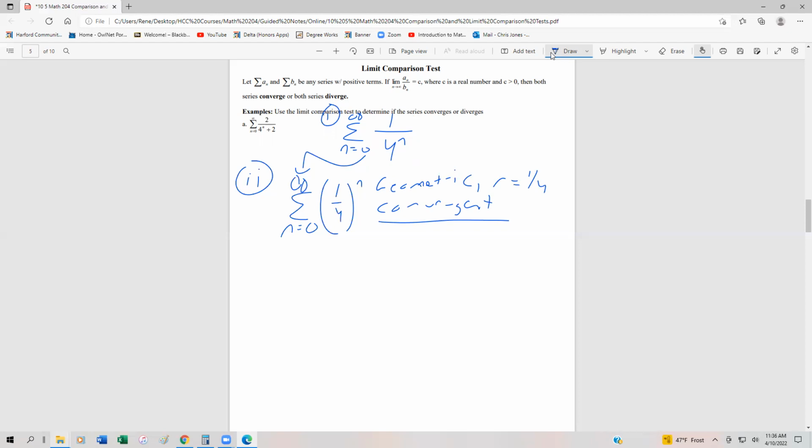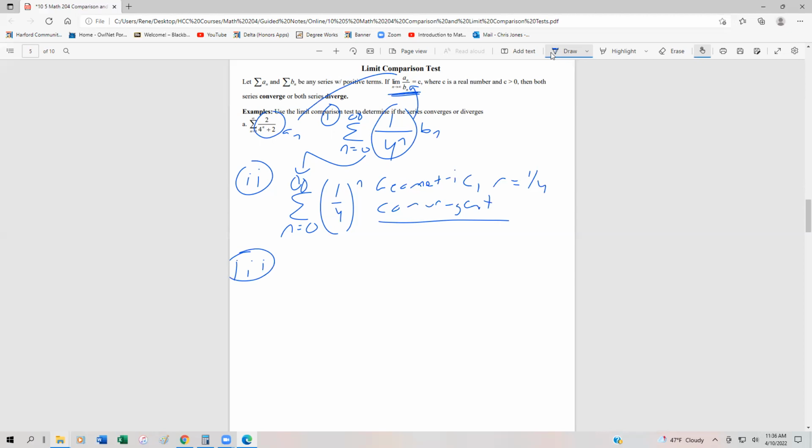So we're suspecting that the original series is convergent if, when we take the limit of the ratios, that's going to be equal to some constant c. Here's the hardest part, doing the infinite limit. Remember, this is b sub n, and this is a sub n, and we're just going to substitute those back into this rule.